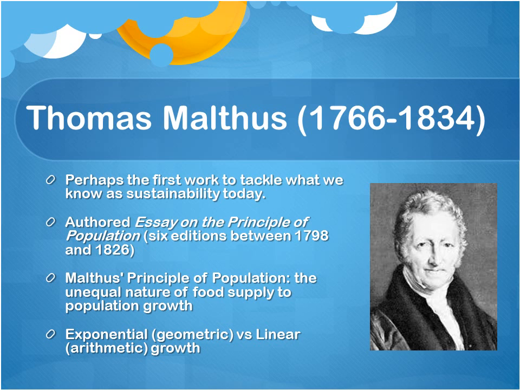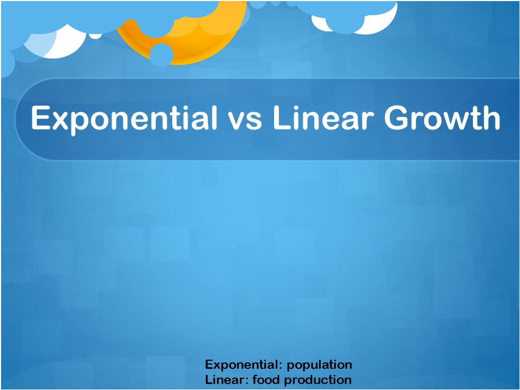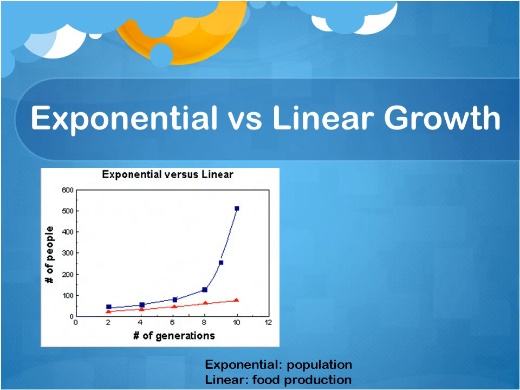Let's take a look at a couple of graphs. The first graph shows what exponential growth looks like versus linear growth. Exponential growth is growth that is multiplied, dependent on the number of population that's present. So let's say, very simply, if at the very beginning there was one person, or actually there should be 2 people so they can reproduce.